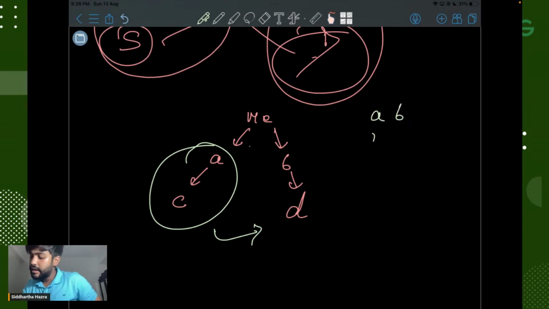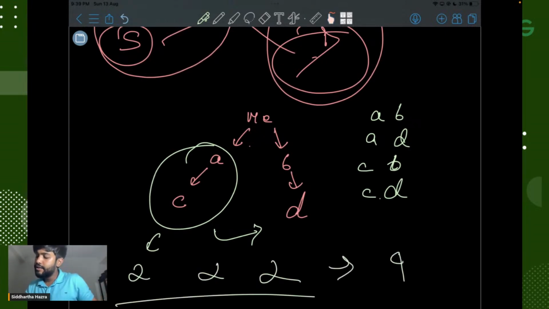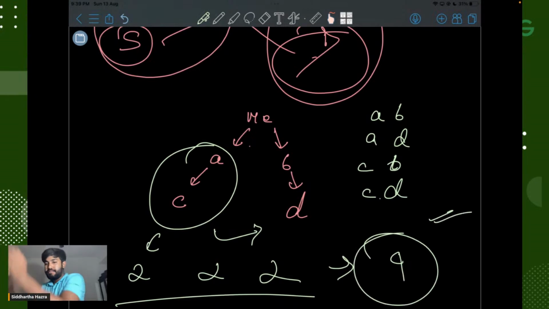Like A and B, A and D, C and B, and C and D. So left side size multiplied by right side size would give me the number of pairs for which I am the lowest common ancestor. Now do I make sense?